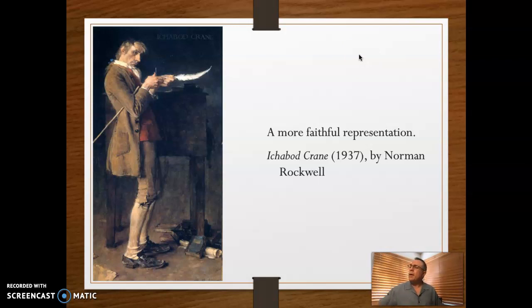We find out that he also likes to use the rod on the students and that he's a bully. He really takes it out on the strong little kids, the little Brom Bones in training. And a lot of this goes on for quite a while. What we do also learn is that even though he is this school teacher, he is extremely superstitious.